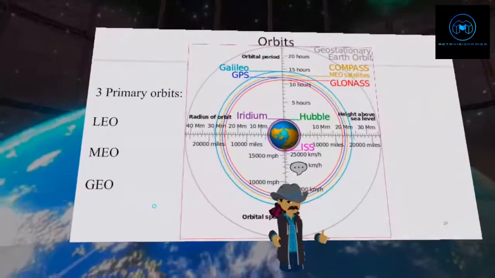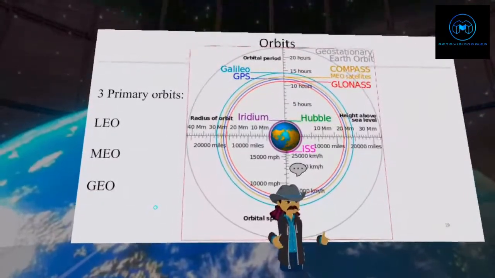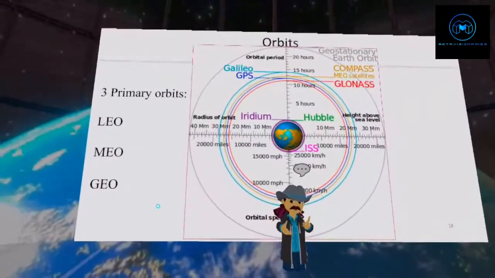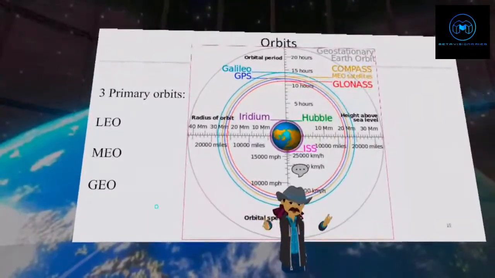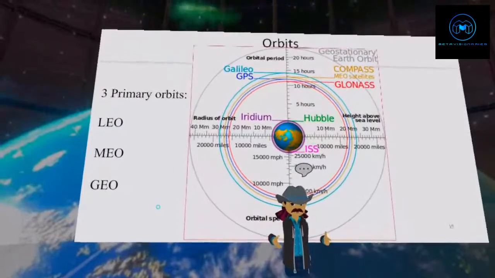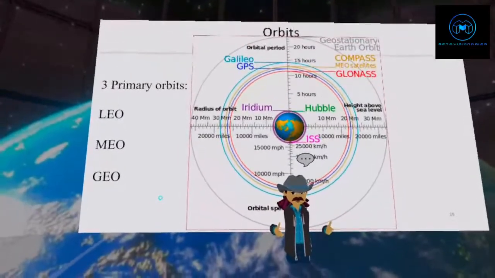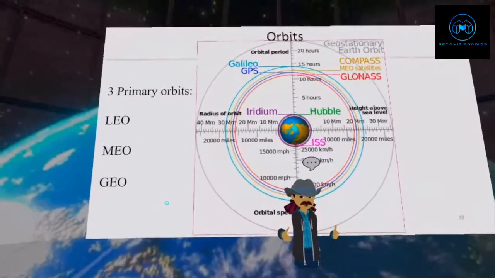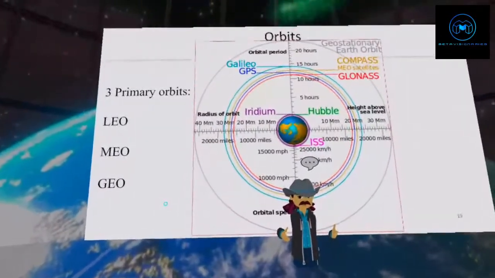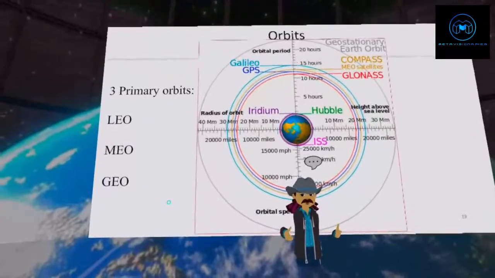So we have three primary orbits: LEO, MEO, and GEO. Of course, it's a continuum. There's no splits in between them. You could launch a satellite into any of these orbits or beyond. But mostly in the application world, we have LEO, which is down here just barely skimming the surface of the planet.